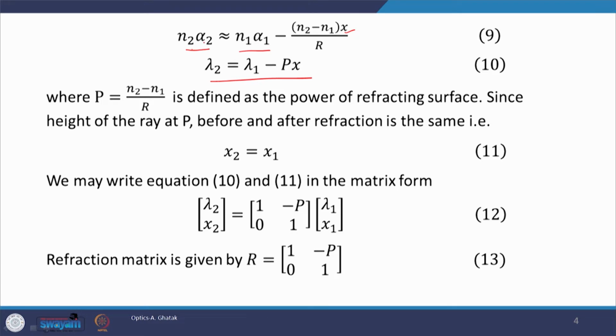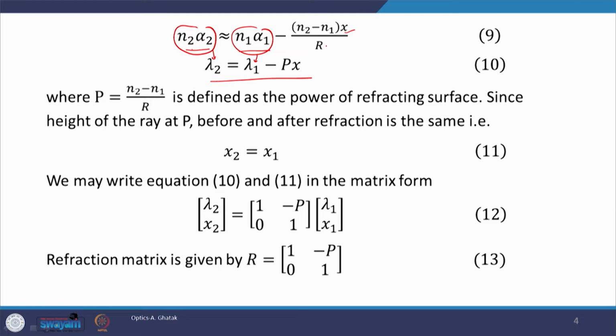Therefore, we can replace n2 alpha 2 by lambda 2 and n1 alpha 1 by lambda 1, where lambda 1 and lambda 2 are the direction cosines at the point P, which respectively represent the direction cosine of the ray right before refraction and right after refraction.